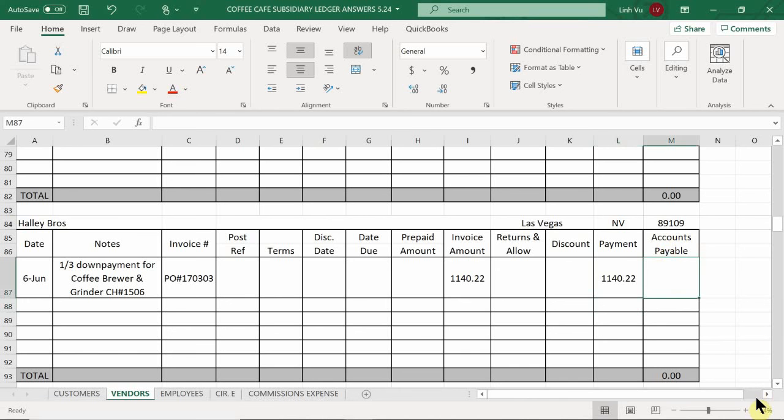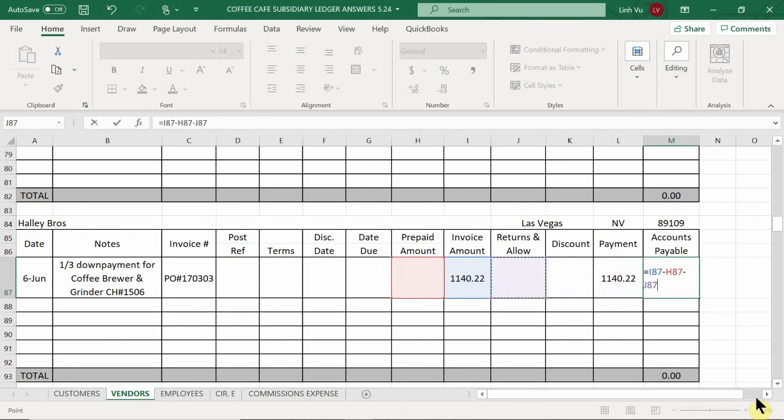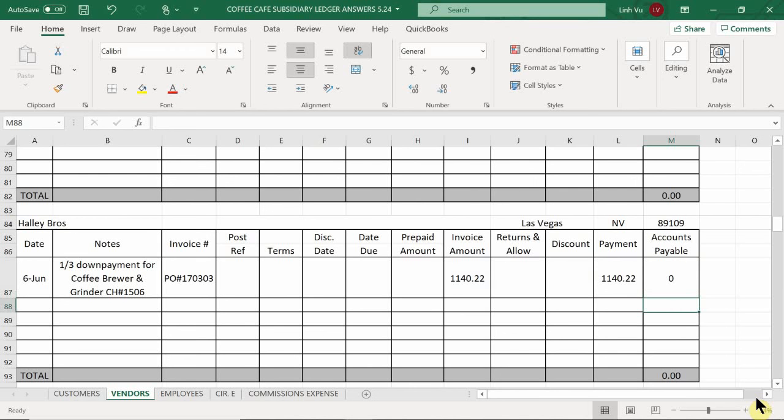Okay? So now I'm going to punch in my formula once again, saying that it's my invoice amount minus any prepaid accounts, minus any returns and allowances, minus any discounts, and minus any payments. So right now, I owe Hallie Bros nothing, right?